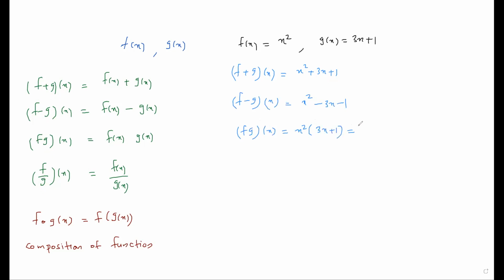If you want, you can write this as 3x cube plus x square. Then f upon g of x is equal to x square divided by 3x plus 1. So in all these four cases, you got new functions from the two given functions.